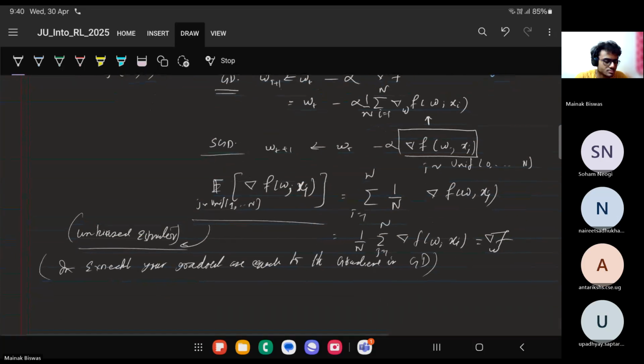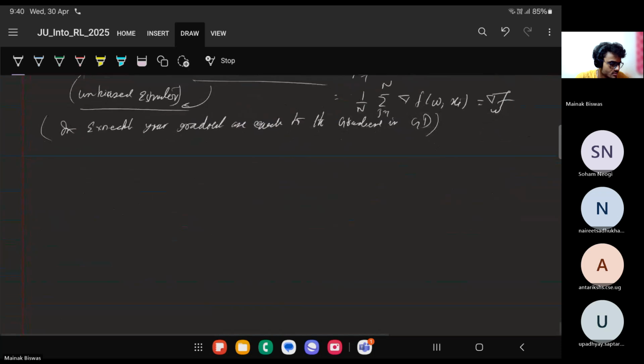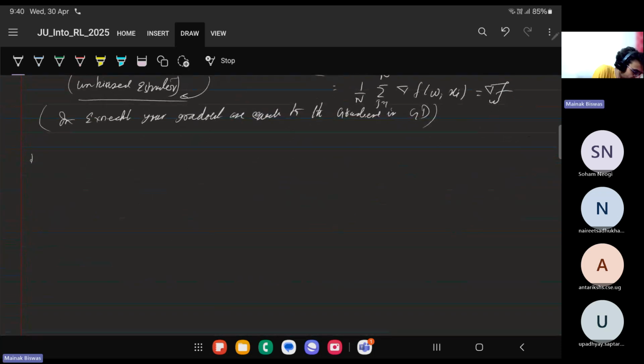Okay, so the TD0 algorithm, what is the update rule? Do you remember it for the tabular case?